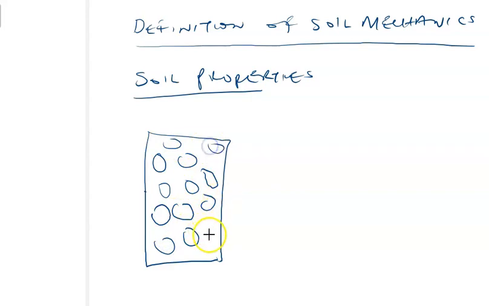The particles may be of different sizes, bigger and smaller, because the sizes are not expected to be equal. Then we still have the spaces in between the big and the small particles occupied by void.